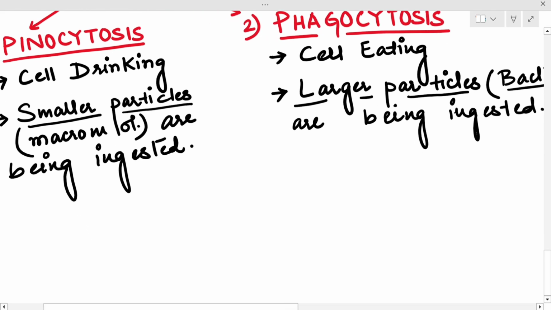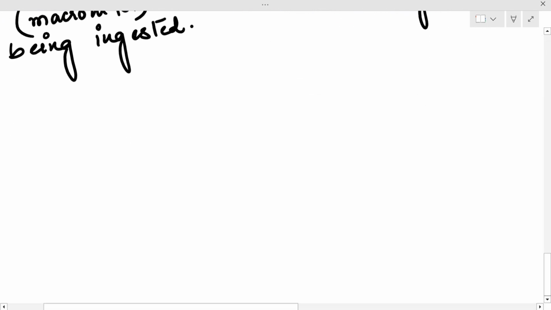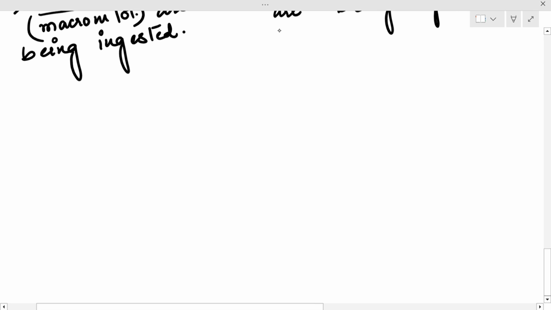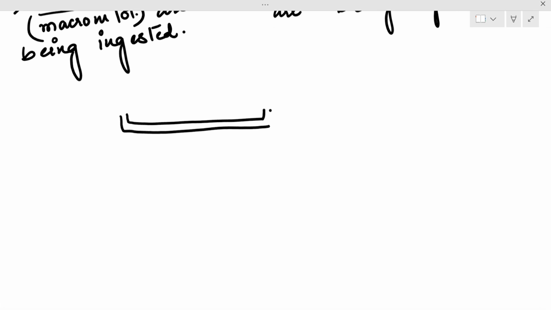Okay. Now, how does pinocytosis actually take place? So we will see step by step. Okay. Now, this is the outer surface of the cell membrane, and on this outer surface of the cell membrane, there are some receptors. Okay. And these receptors are assembled to each other in such a way that they form a coated pit. Okay.